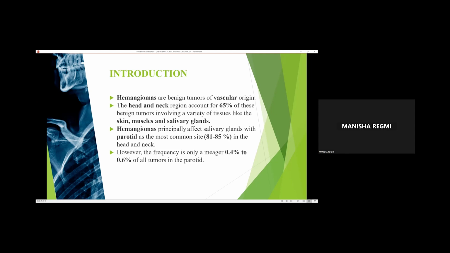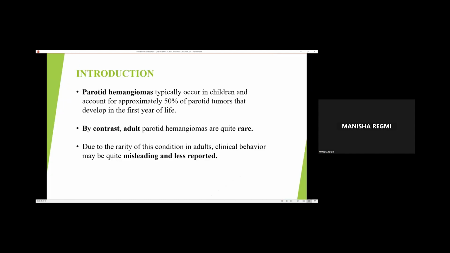Hemangiomas principally affect salivary glands with the parotid gland as the most common site, 81 to 85% in the head and neck. However, the frequency is only 0.4 to 0.6% of tumors of the parotid. So it is a very rare tumor that occurs in the parotid.